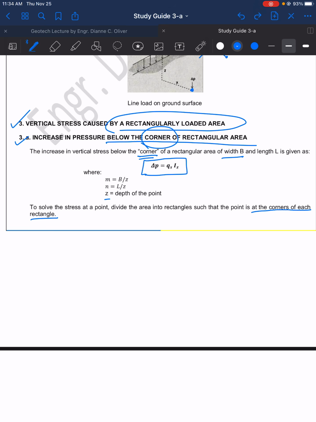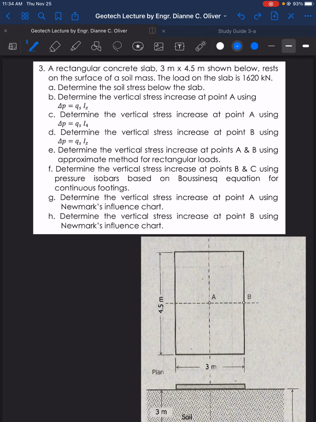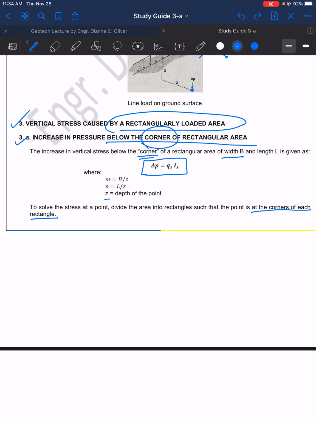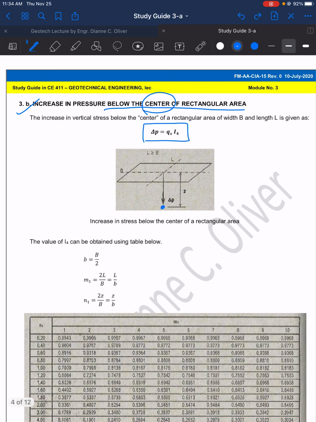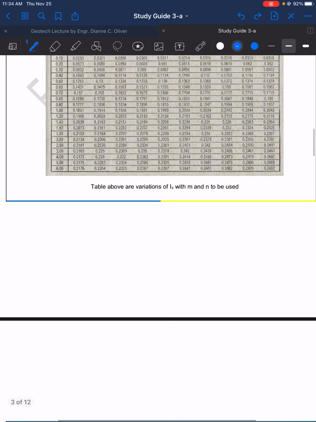Okay, so that's for letter B. Letter C, determine the vertical stress increase at point A using delta P equals Q sub S times I sub 4. And I sub 4 is case 3-B, wherein the point is below the center of a rectangular area.